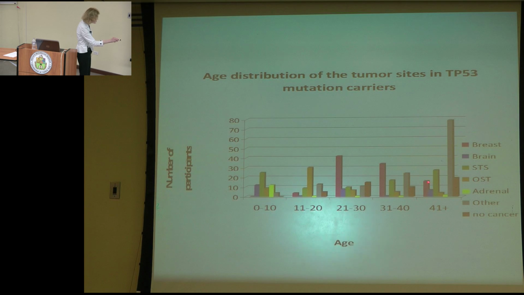So in this group, you still see breast cancer, brain tumors, sarcomas, an occasional adrenal, but by far the most common cancer is other. This is the reason that I feel like in many areas we have missed the boat, because we were so focused on a small number of tumors.